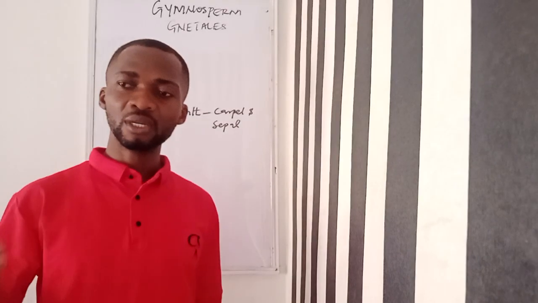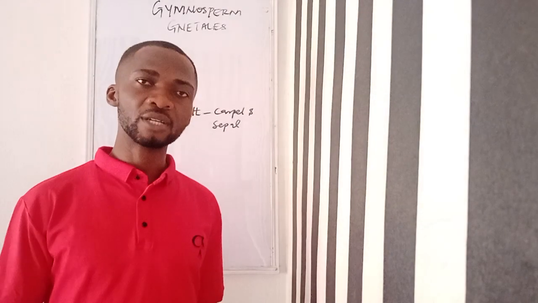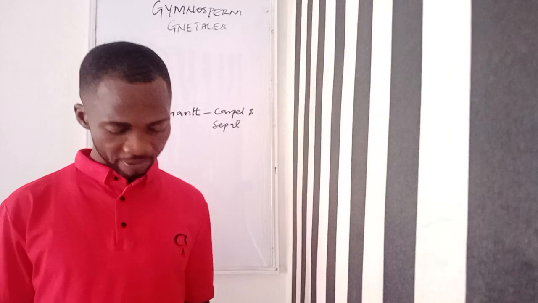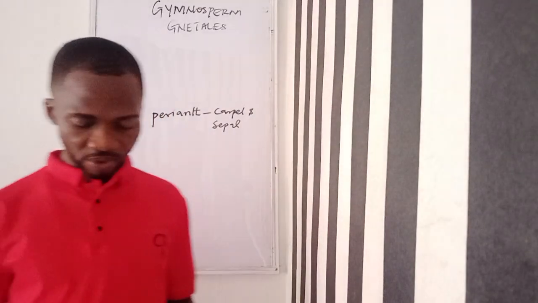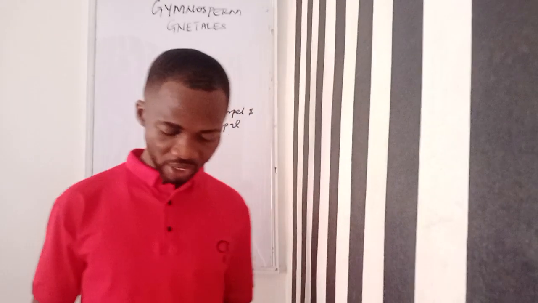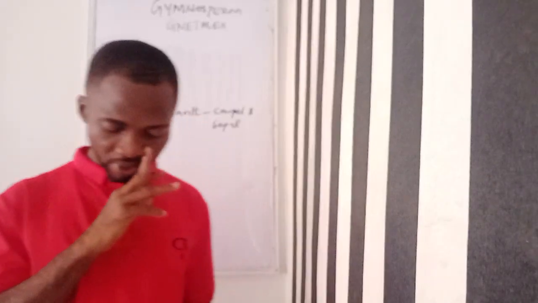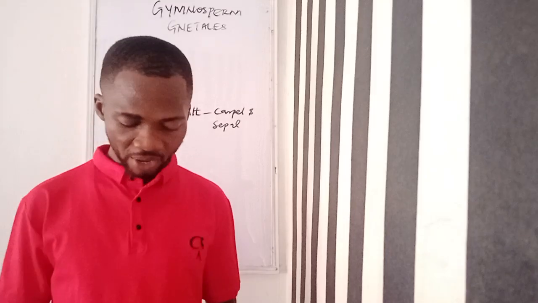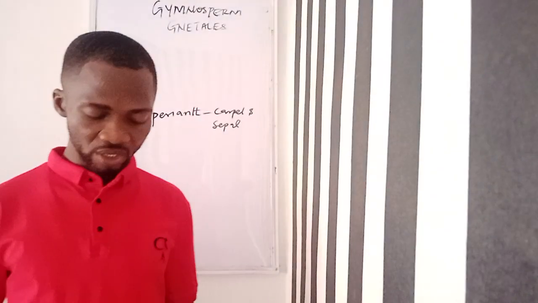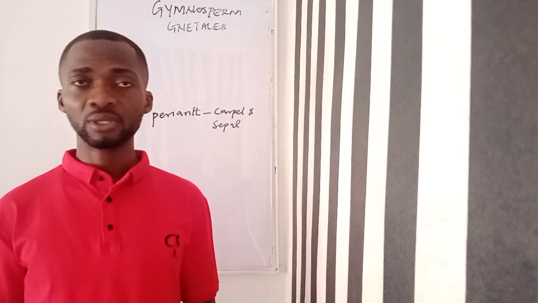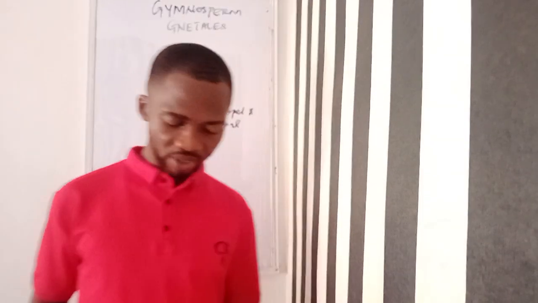In gymnosperm, the endosperm is formed before fertilization, but in angiosperm, the endosperm is formed after fertilization. The embryo of both Gnetum and the angiosperm possesses two cotyledons. This is also important: two cotyledons are found in the embryo of both Gnetum and angiosperm.